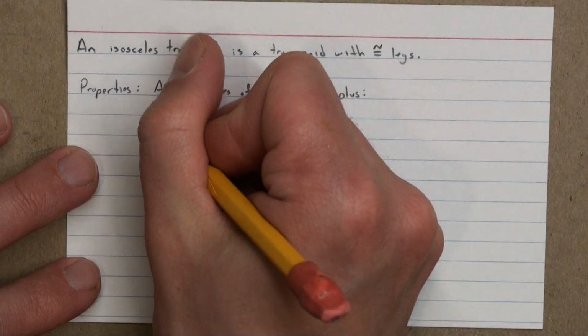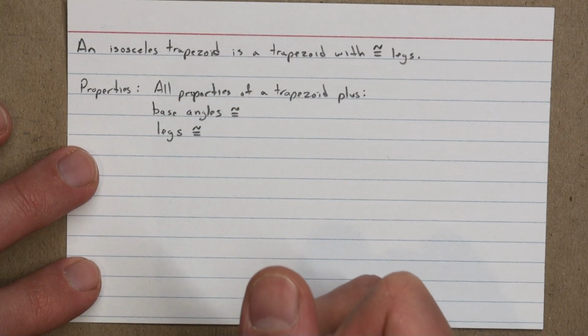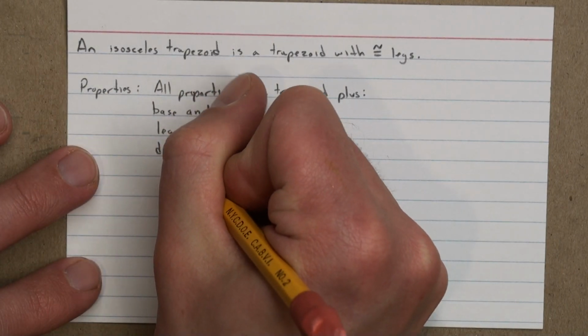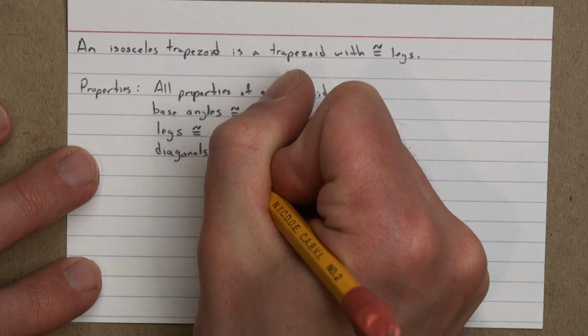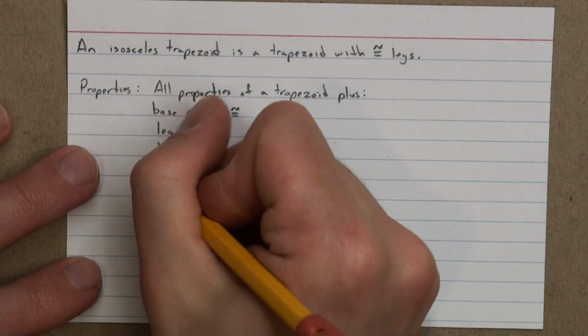The legs are congruent. The diagonals are congruent. And the opposite angles are supplementary.